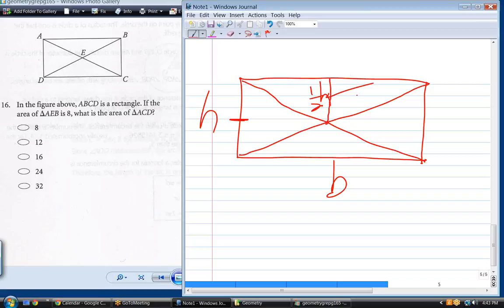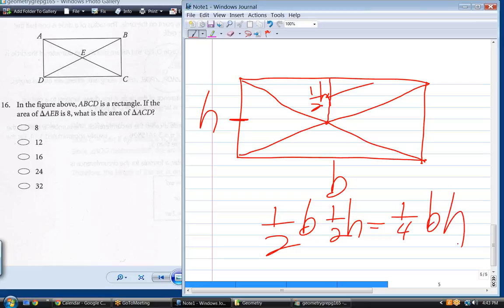So the area of this part of the triangle must be 1/4 the area of the entire rectangle, because it's 1/2 base times height. Well, base is the same, it's B, but height is 1/2 height. So 1/2 times 1/2 height, or 1/4 base times height. So this area right here is 1/4 of the rectangle area.